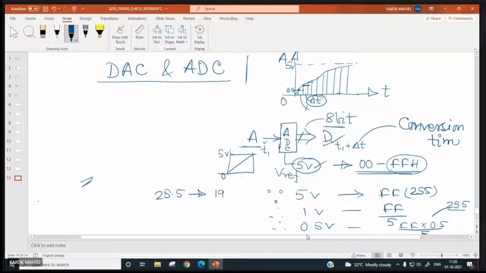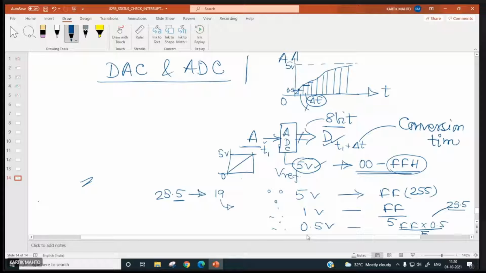And exactly what I have mentioned here, 0.5. What is the answer I am going to tell you? Since this is a circuit and the circuit has only 8 bits, there is no place for the decimal part. There are ADCs which also give you the conversion in terms of the decimal part.